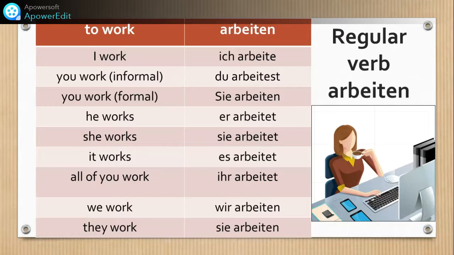The only differences that you can see are that with the du personal pronoun, the verb is conjugated with est as the ending. Then with er, sie, es pronouns, the verb has et as the ending. With ihr as the personal pronoun, also the verb has et as ending. But the rest of the conjugation is the same as for the previous four regular verbs.